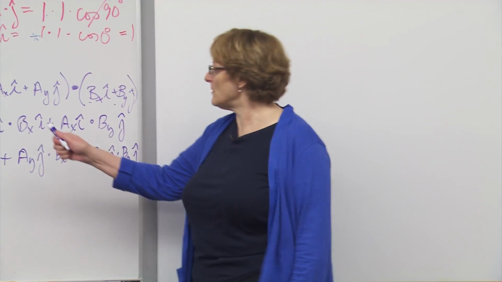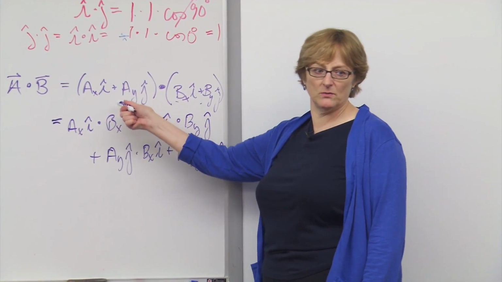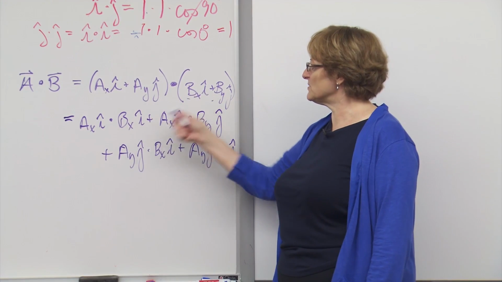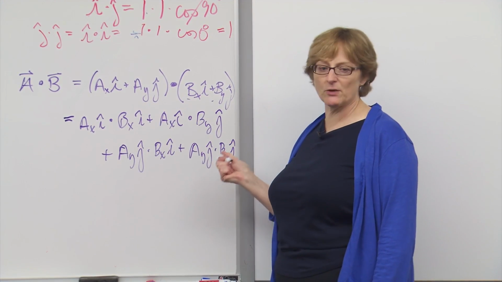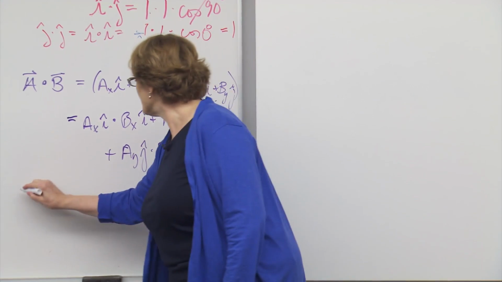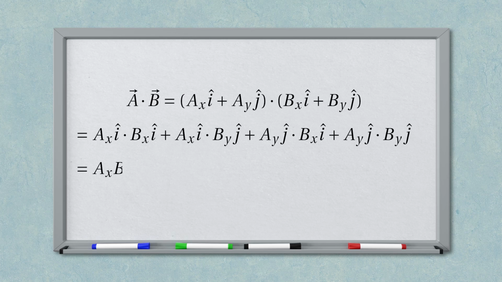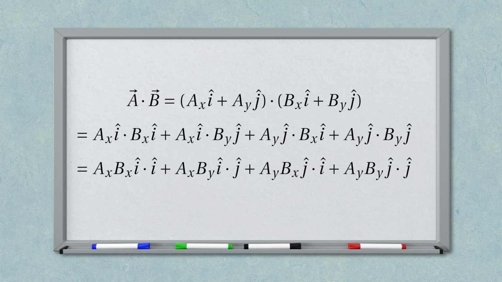All right, so I've now multiplied these two terms times these two terms to get 4 terms. Let me rearrange them slightly. So I have AX BX times I dot I, plus AX BY I dot J, plus AY BX J dot I, plus AY BY J dot J.